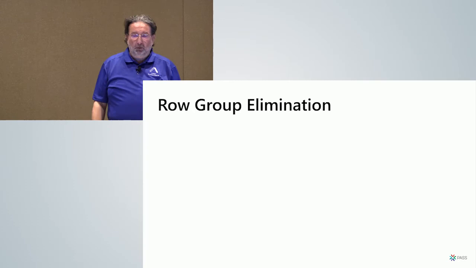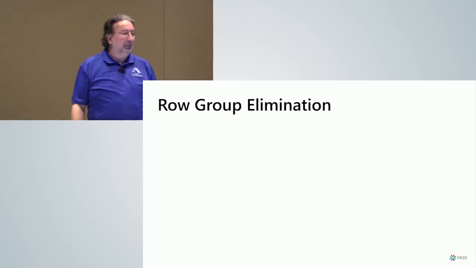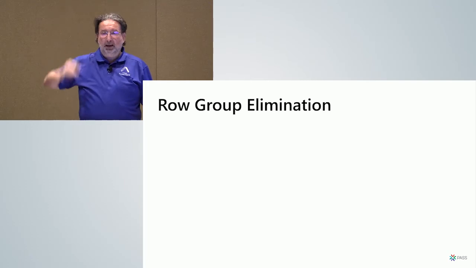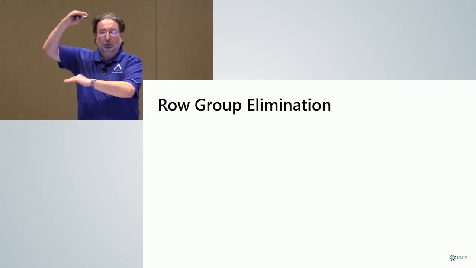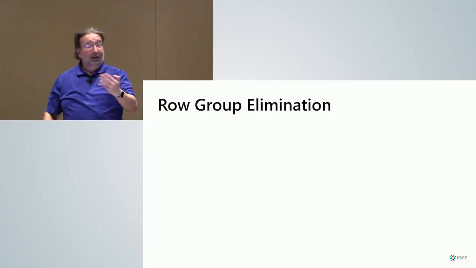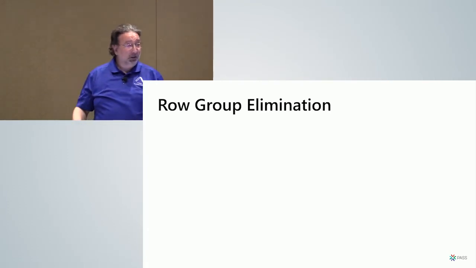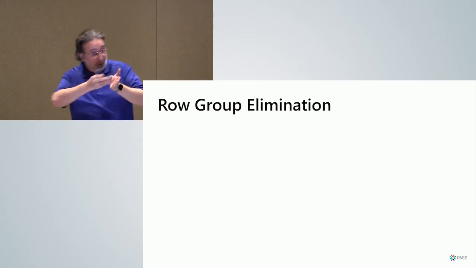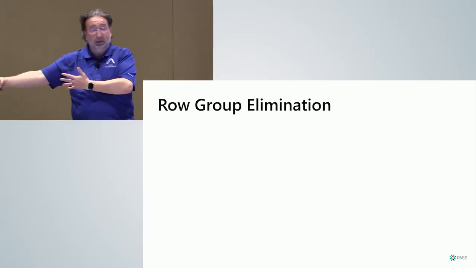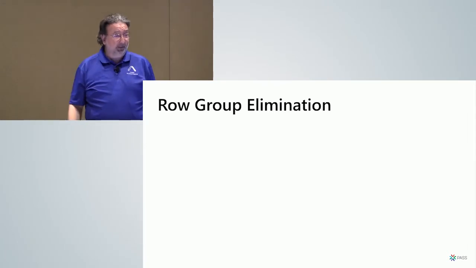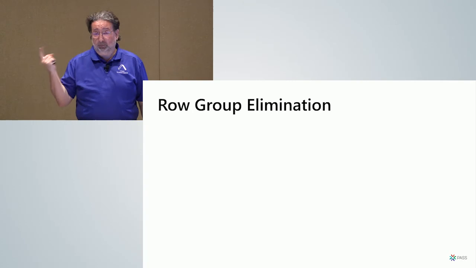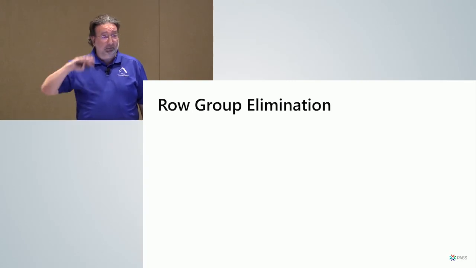So for every row group and every data type that's less than or equal to 8 bytes, they store the minimum and maximum value that's in that row group. And when you look for certain values, instead of going through the whole list, uncompressing it, and the storage engine churning through it, they just look at the metadata: is anything even possible in that piece? If not, they ignore it.